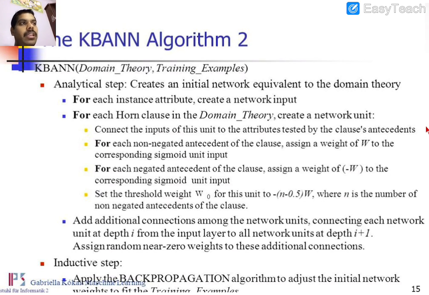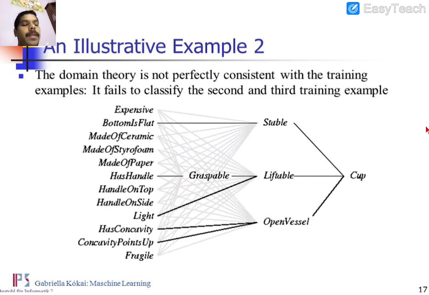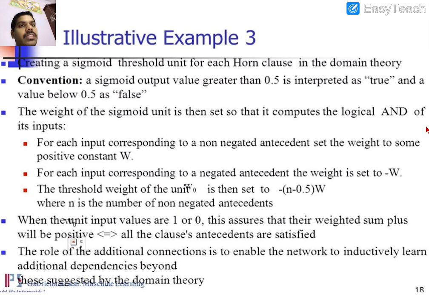This is the KBNN algorithm, and we discussed with the cup example what the domain theory is which is given to us, what training examples we need to define, what features are going to support the positives and what features are going to negatively impact, and what are ignorable things that we discussed about this example.